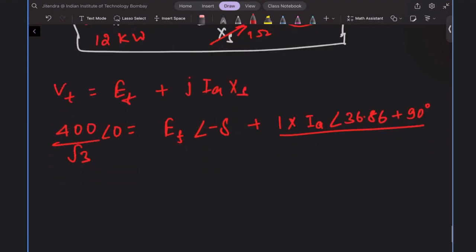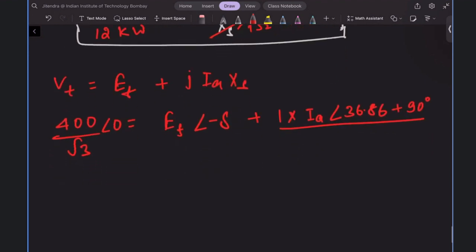So when you are applying, you just try to maintain the phase value. So now this expression will give you the value of EF given that you calculate the IA. And IA should be the first thing if you are given the motor ratings in the problem.